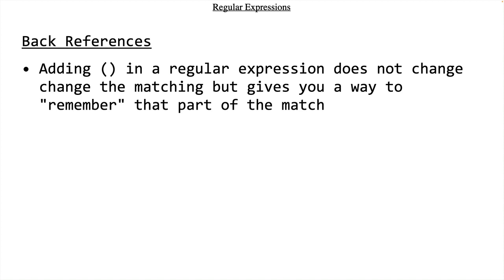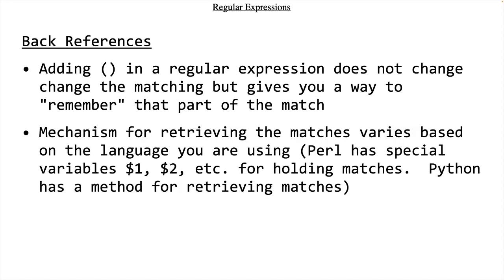And you can have multiple sets of parentheses within a regular expression. So I don't want to talk a lot about this because, like I said, I was trying to keep this as general as possible, not tied to any particular language. But the mechanism varies for retrieving these matches.